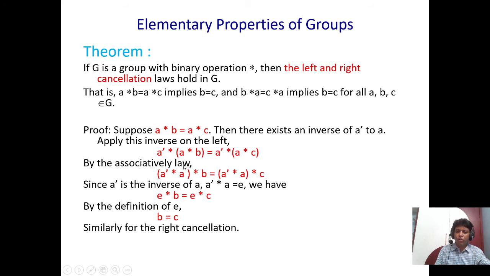So from the associative law, you can write (A prime star A) star B, and similarly on the right-hand side. From the inverse property, this is nothing but your identity E. So E star B equal to E star C, and that follows that B equal to C. Similarly, you can do the right cancellation. So this is a very easy proof for you. You can try the right cancellation also; you have to take the inverse on the right side.